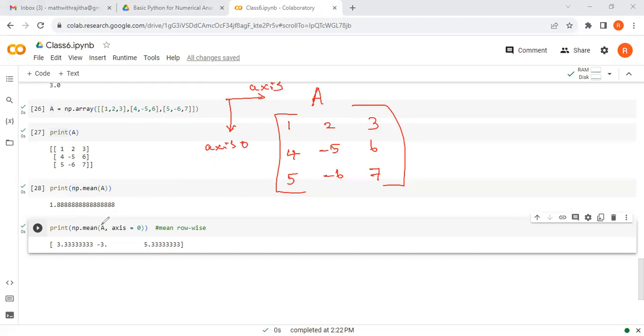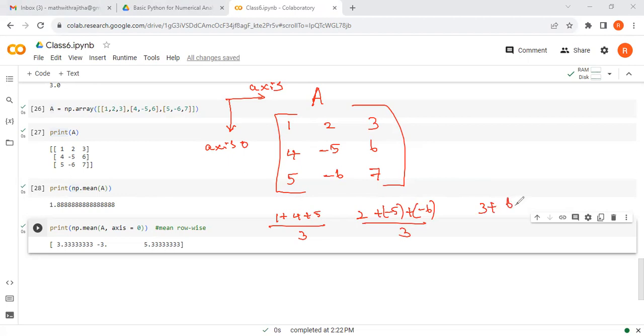So when we are getting the mean along axis 0, we actually add up the entries in the columns and divide by the number of entries in that column. Here we get 1 plus 4 plus 5 divided by 3, the number of entries being 3. Here, 2 plus minus 5 plus minus 6 divided by 3.